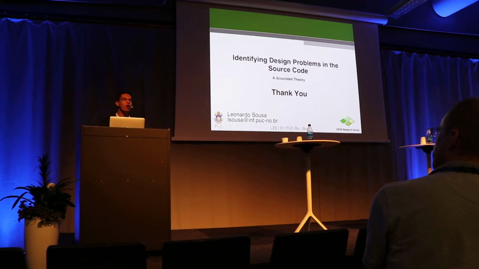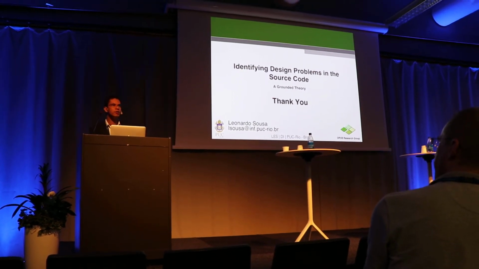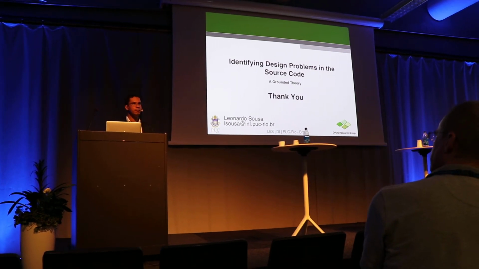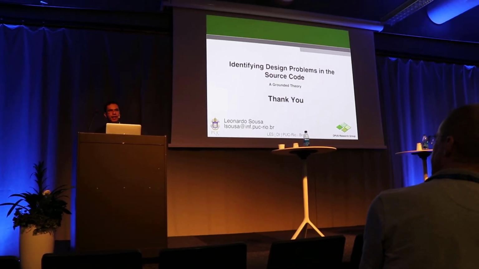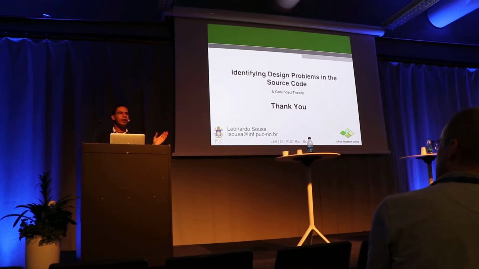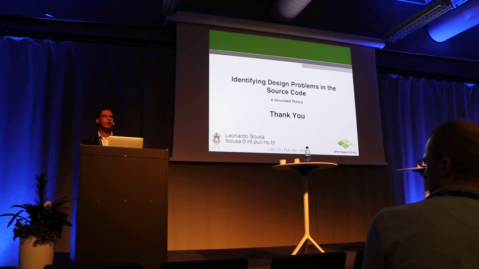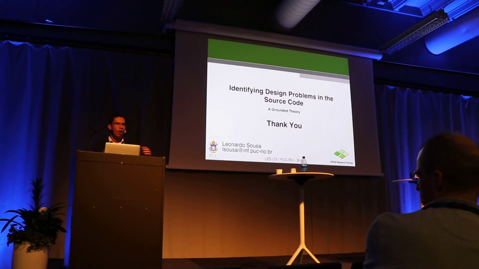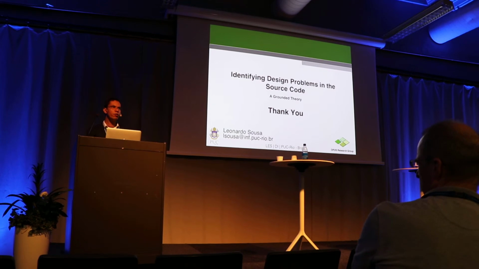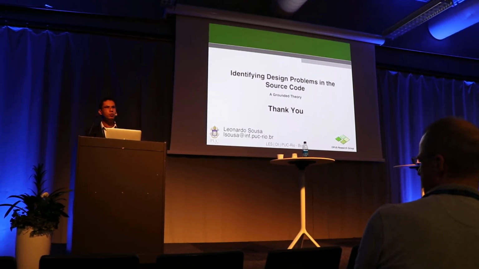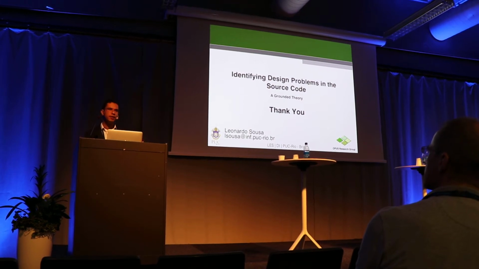But they also had other strategies to prioritize elements. For instance, they prioritize elements that are core in the system. They prioritize elements that they know that if they touch that element, it will have an impact on all the non-functional attributes like performance or maintainability. So you are able to find different strategies that developers use to prioritize the elements and symptoms to analyze.